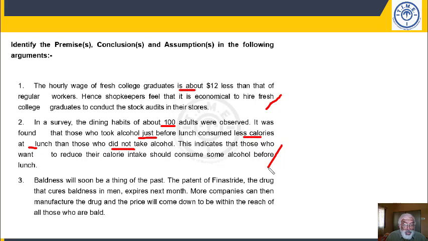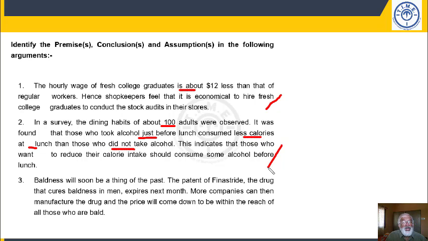Because it is very possible otherwise that some people who consume less calories might have done so simply because they did not want to eat, or because there was something in the food that they didn't like, or there's something about that time of day that they don't really, that lunch is not sometimes that they really eat very much, isn't it? So the point is, we're only asking how did the person make this argument, and he made this argument because he believes that it is the consumption of alcohol that causes people to reduce calorie intake. So if people consume alcohol, they will reduce calorie intake.